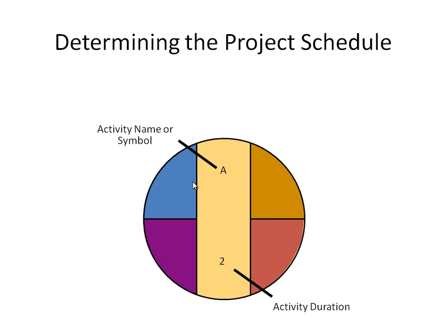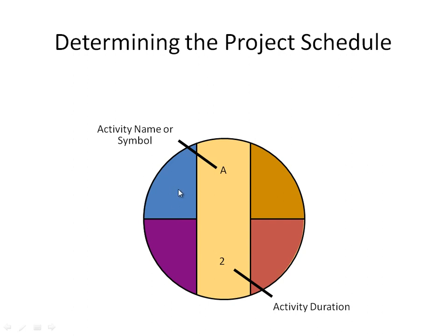So I will use circles for the example in this one. Then I will use rectangles in Visio and Microsoft Project. We can use the activity name, symbol, or ID in the middle, with the duration also.